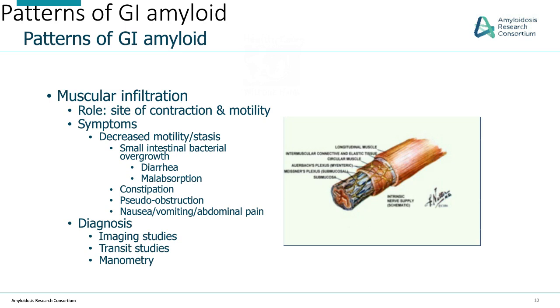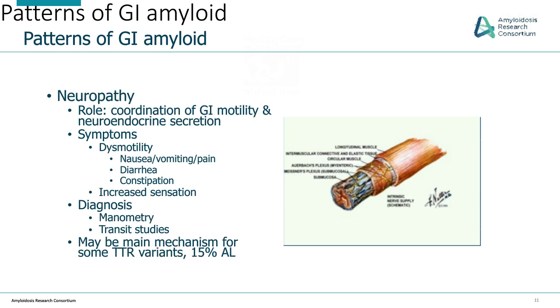If there's nerve involvement, then typically the absorption and the muscle contractions are preserved, but the issue is the coordination of that. And so oftentimes, symptoms can cause diarrhea, constipation, but it's based upon coordination more so than decreased absorption or else strength of those contractions.